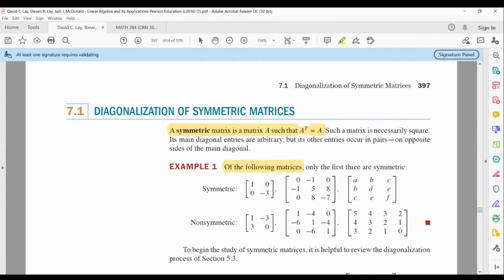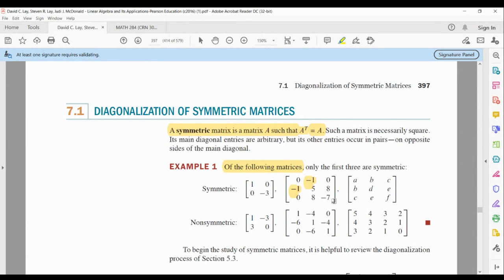Of the following matrices, only the first three are symmetric. So take a look at them. If we look, for instance, at the second matrix here, you see how you've got a diagonal. It's a 3 by 3, and you have a -1 across from a -1 along the diagonal.